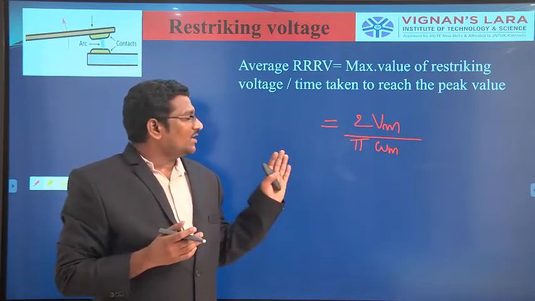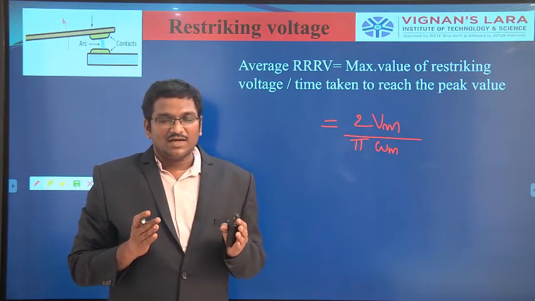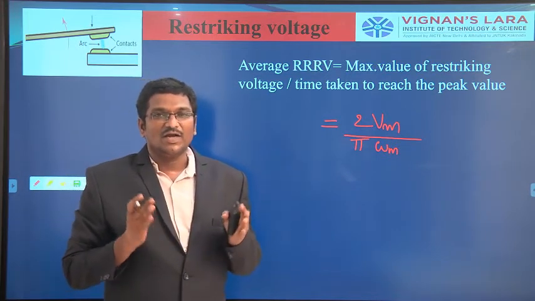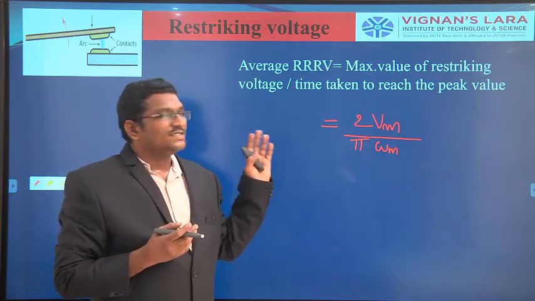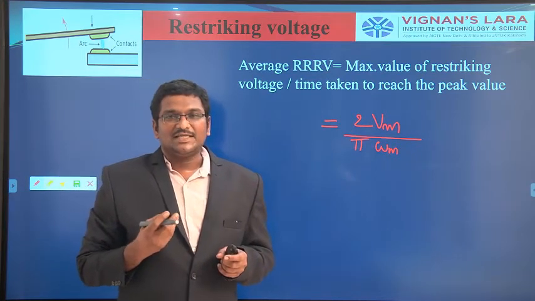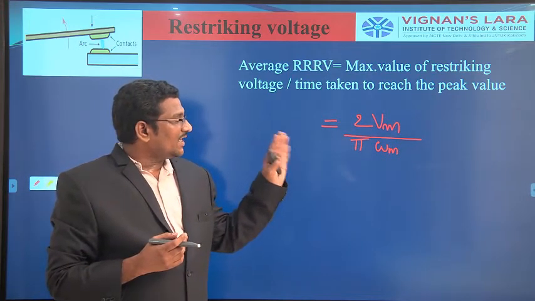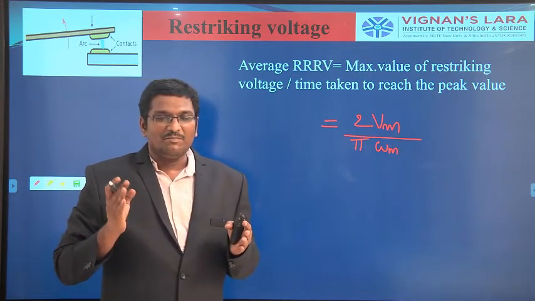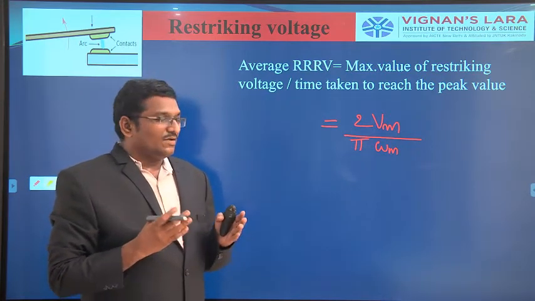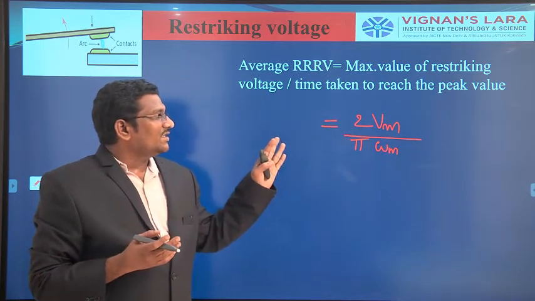To define the restriking voltage, an arc should be there across the circuit breaker contacts, and it is defined at current zero. If these two are there, then you can define the restriking voltage. The restriking voltage is very important to know the extinction of the arc in circuit breakers. To define the recovery voltage, the arc should be completely eliminated between the fixed contact and moving contact. The voltage appearing across the circuit breaker contacts is called the recovery voltage.